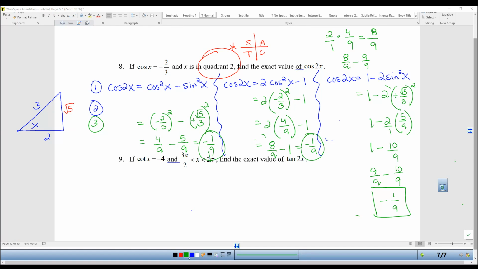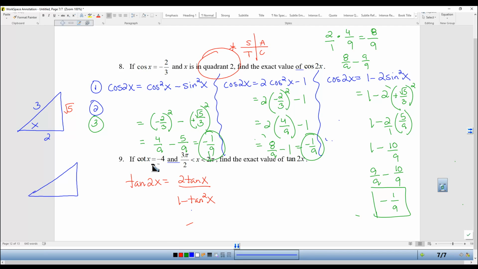Okay, last one. So remember that step 1 is to write down the formula. We haven't done a tangent one yet. Tangent of 2x is equal to 2 tangent of x over 1 minus tangent squared x. Step 2 is to draw the triangle.